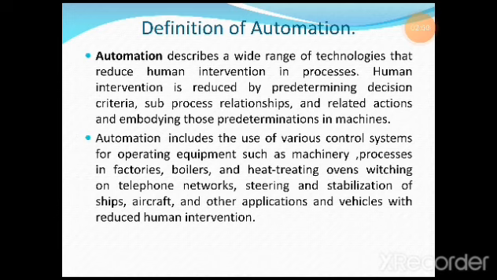Automation can be defined as a technology by virtue of which all the processes of a manufacturing system are performed by machines, totally by the machines themselves, without the direct involvement of a human worker. The human worker is not directly involved. He is involved, but indirectly. What does indirectly mean?